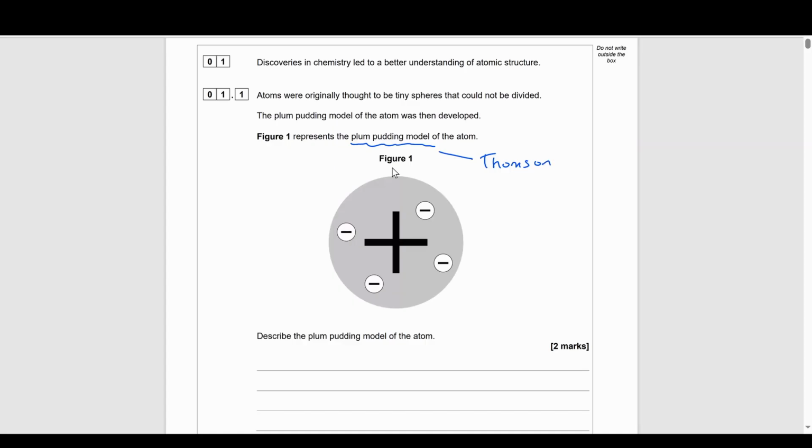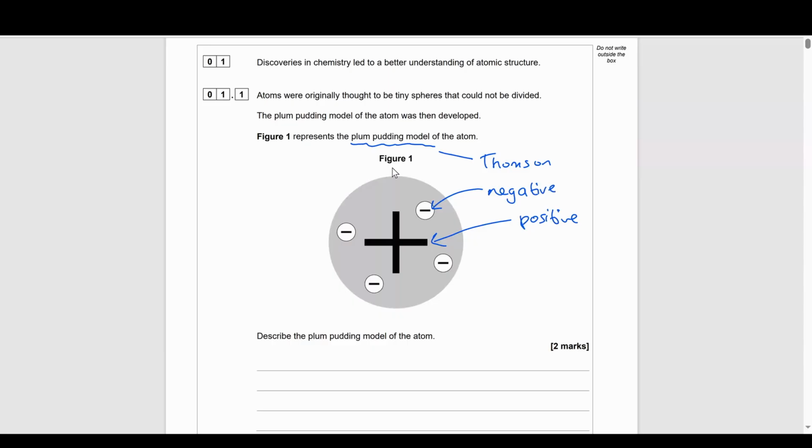Now, at this time, there was not an understanding of protons, but in our model, we can see something that is positively charged, which is our large circle. And within this positive charge, we have smaller negative charged circles.